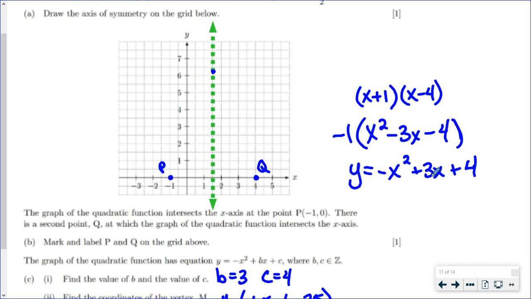The y-intercept just means I plug zeros in for x's, which means it's just my c, which in this case is 4. Can I use my axis of symmetry to get another point? Sure can. If I'm 1.5 away from my axis of symmetry here, I keep going 1.5 more over here. That's plenty of points to draw my graph. I know it's going to be hard on this computer, but I'm a little off, but you get it. Close enough.